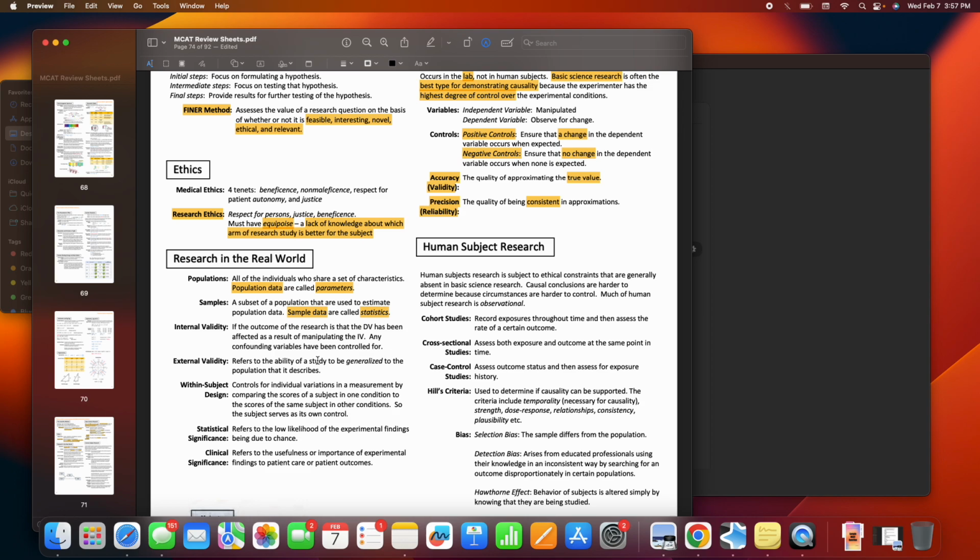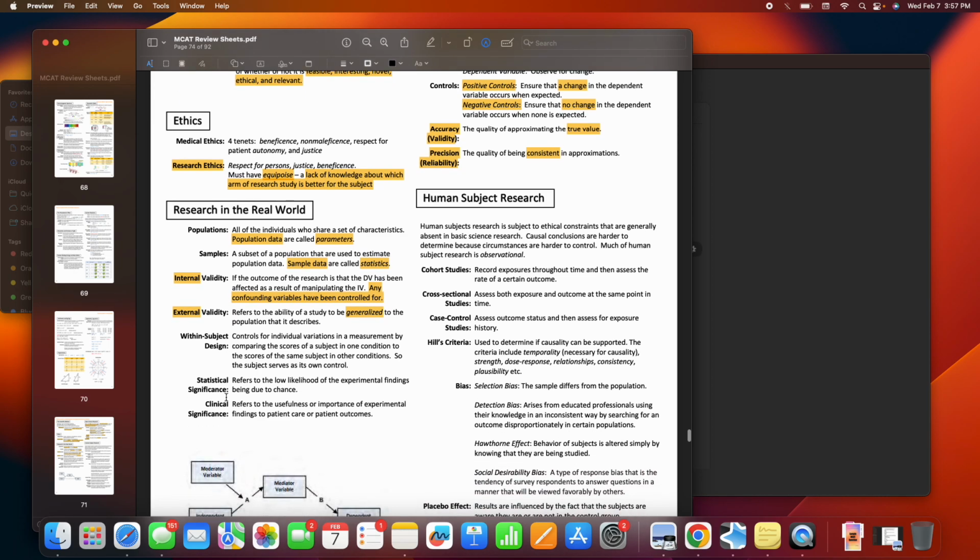Any confounding variables have been controlled for, so you have no biases in internal validity. Now, external validity refers to the ability of a study to be generalized to the population that it describes. So you can replicate your study when your external validity is high.